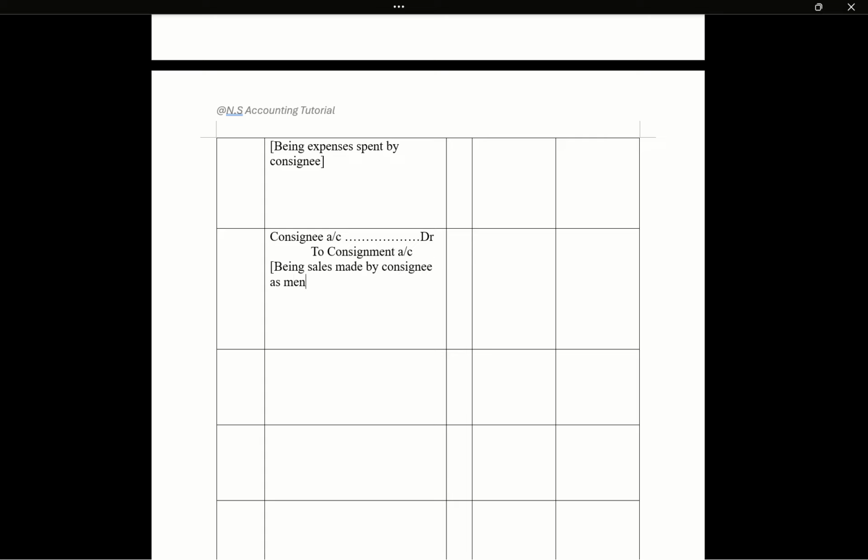Narration will be being sales made by consignee as mentioned in account sales. The amount is rupees 72,000.